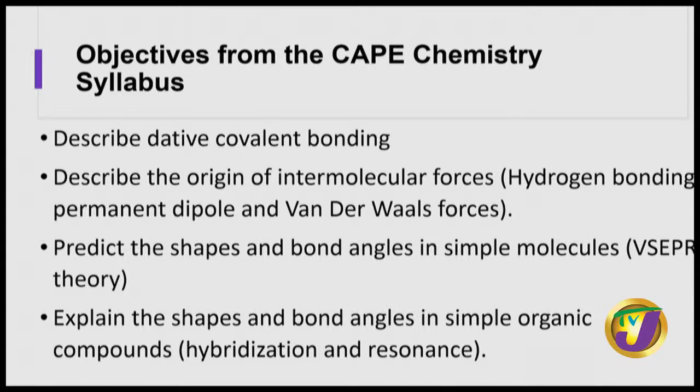We should also predict the shapes and bond angles in simple molecules using a concept known as the VSEPR Theory, which we will get into later on in this session. And finally, we should explain the shapes and bond angles in simple organic compounds, making reference to hybridization and resonance. I know this might seem a lot for one session, but if we don't accomplish all these objectives, we can simply continue next time.